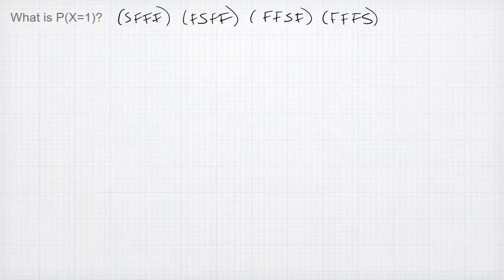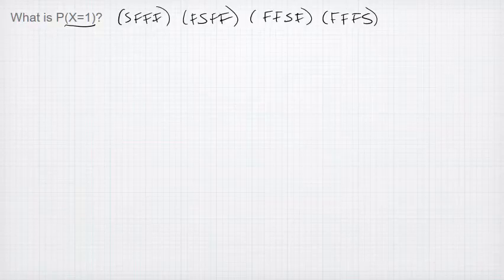Those are the options for doubles once in 4 tries, because this is X equals 1. Because the tries are independent, the multiplication rule for independent events applies.